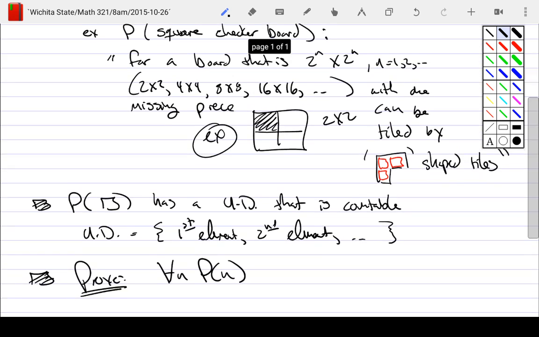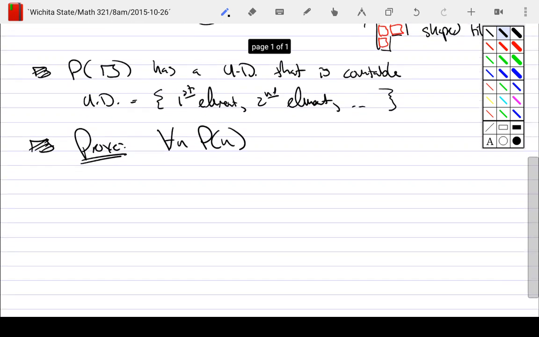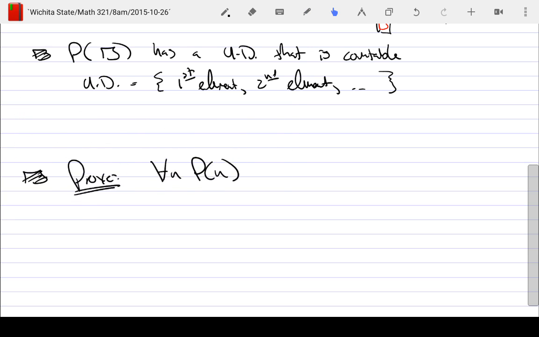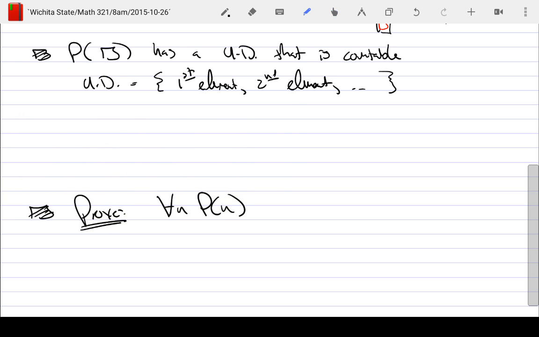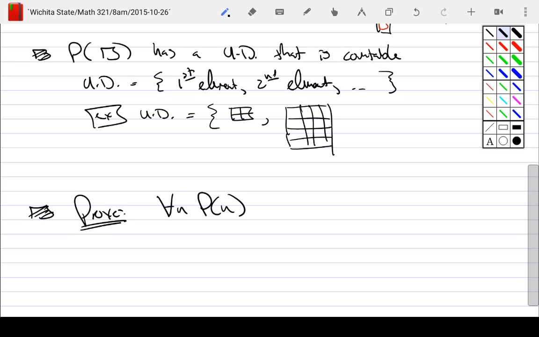So in my example of this whole square checkerboard thing, if I take this universe of discourse question, the universe of discourse of this checkerboard would be a 2 by 2, and then the next one would be bigger, which is 4 by 4, and so on.